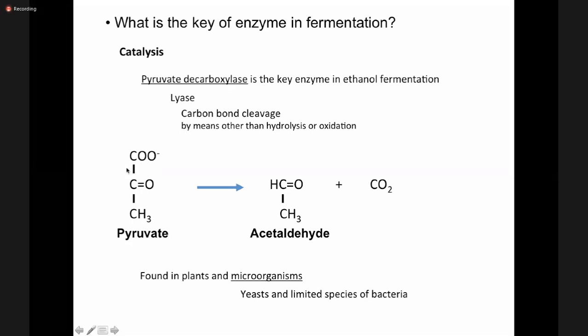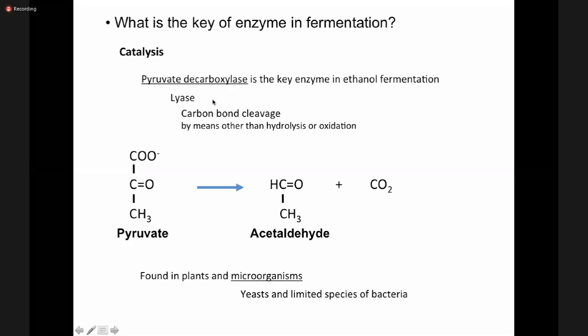In this case, it cuts this C-C bond here, and produces carbon dioxide from here. And this part is going to be acetaldehyde. It just looks like a cut carbon bond. This is a group of lyases.